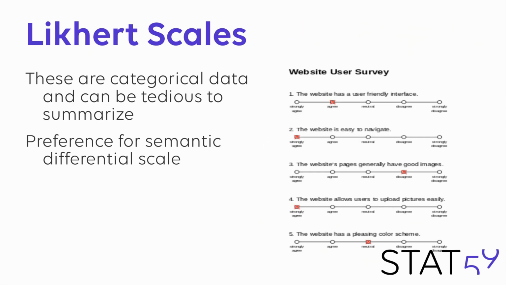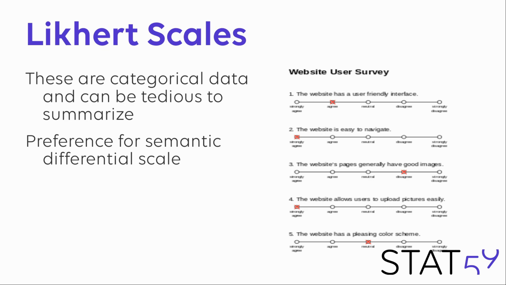Likert scales, as we talked about, are one of the ways that it is very, very easy to make mistakes. Here we see a Likert scale that is a website user survey. And the participants are allowed to answer from strongly agree, agree, neutral, disagree, or strongly disagree. Remember that these are categorical variables.